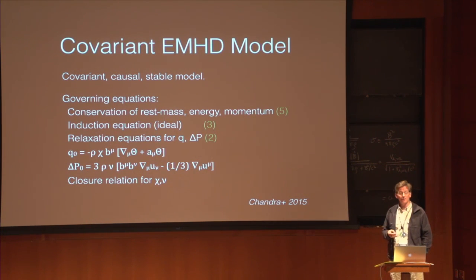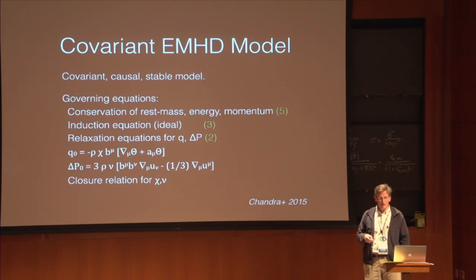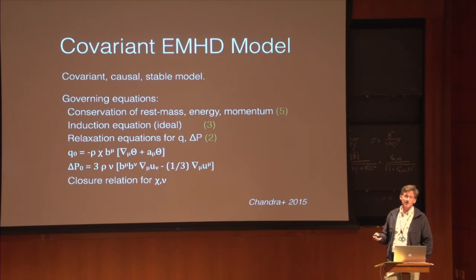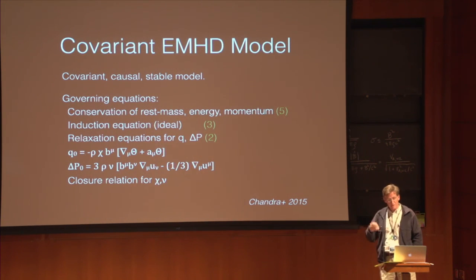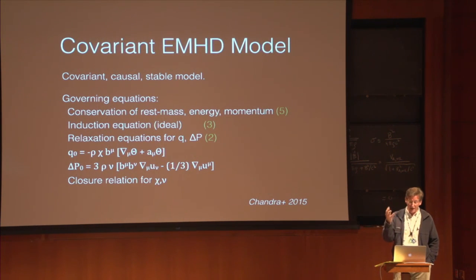It's the novel element, where we're arguing that the relaxation occurs due to kinetic instabilities in the plasma, and we're arguing that we understand something about the evolution of those kinetic instabilities. So those are the closure relations and the relaxation timescale that are specified by our understanding of saturation of kinetic instabilities in a collisionless plasma.